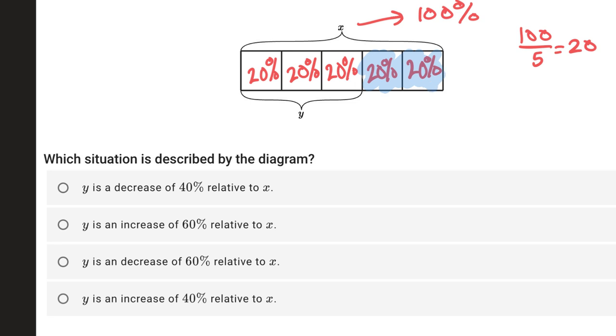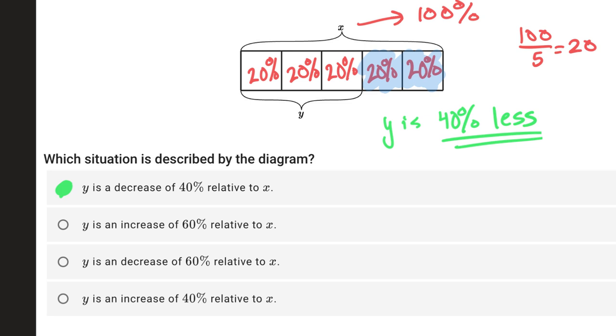Well, each square is 20%, so this means that y is 40% less than x. And 40% less is a decrease here. Y is a decrease of 40% relative to x. The word relative just means compared to.